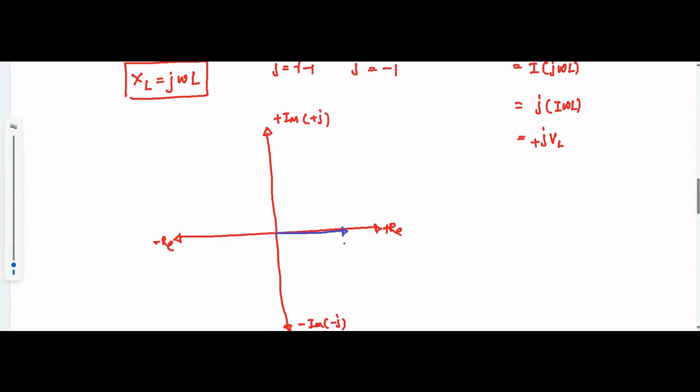Voltage drop is plus J I omega L, so it will be somewhere here, plus J VL.